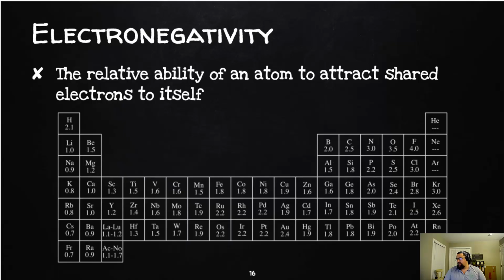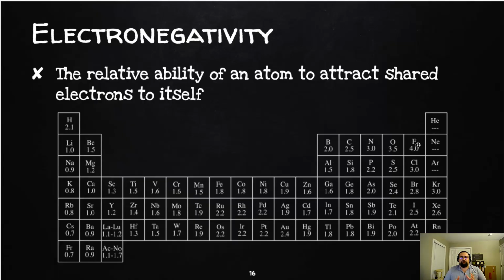So when we look at fluorine up here on the right being a 4.0 and oxygen right next to it being a 3.5, we can know that fluorine is more electronegative, or it will attract electrons more to itself.